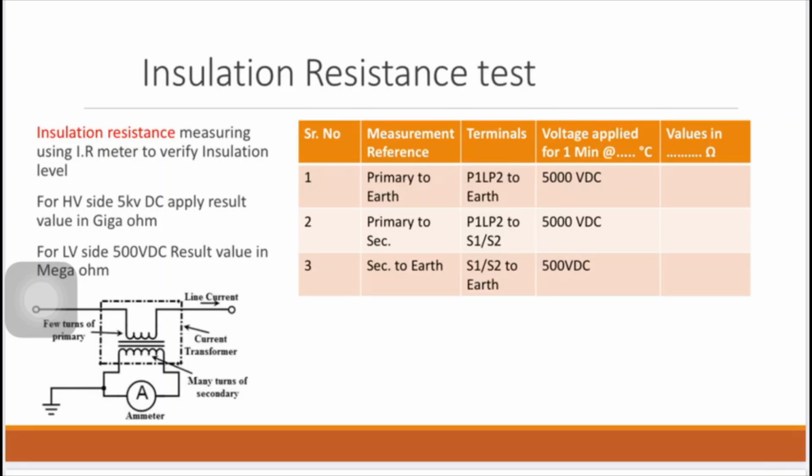You have to take care with 250 or 500 volts. And always take the measurement of temperature. This is the general method of conducting the insulation resistance test. Before conducting the test, we have to verify the healthiness of our insulation resistance kit, and it should have a calibration certificate.